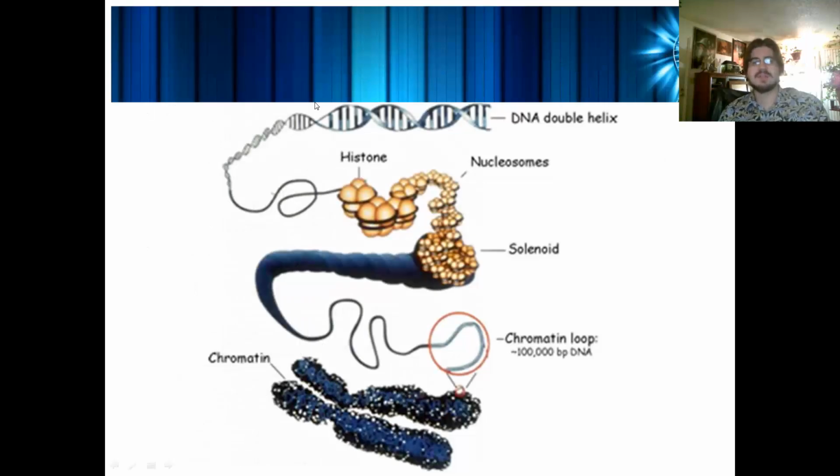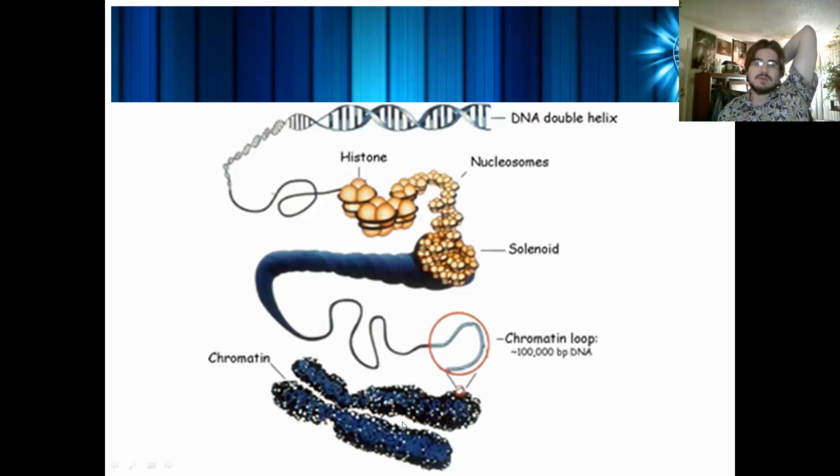So here we go. This is just straight DNA. And then for chromatin, we wrap it around some histones like this, and we sort of wrap it up into these loose strands here. So this single chromatin loop here is 100,000 base pairs. And when you highly condense our chromatin into chromosomes, you get this right down here, this structure, which is this X shape.